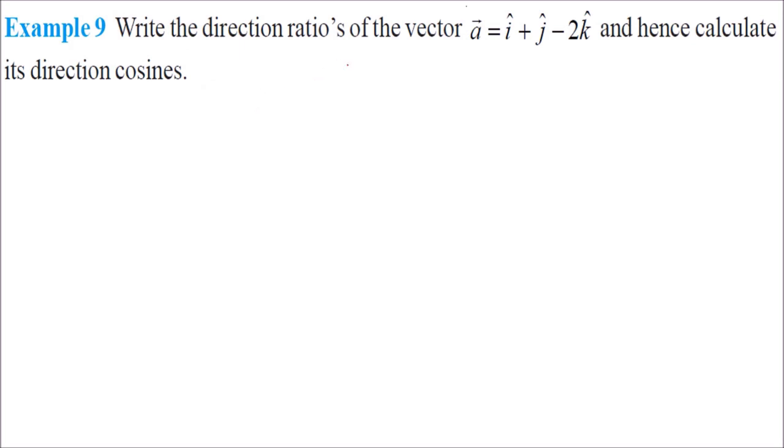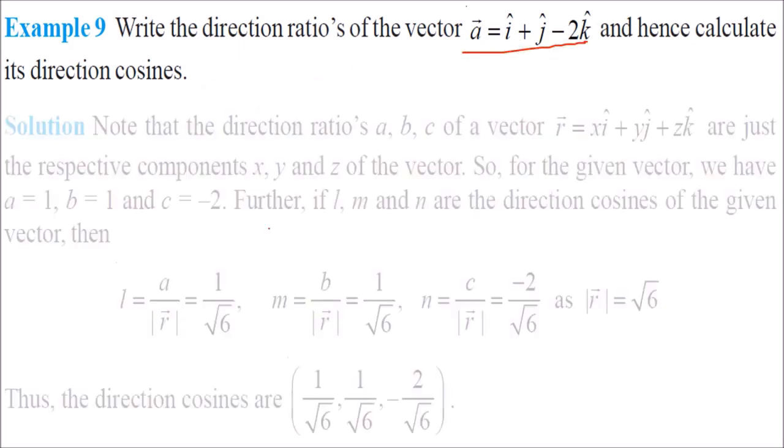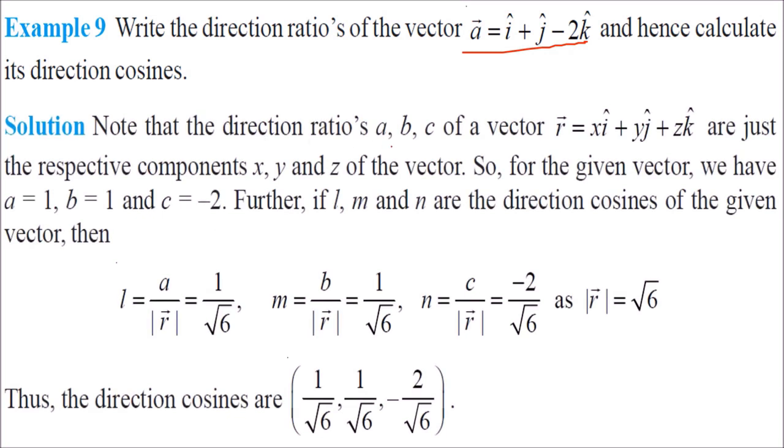Write the direction ratios of the vector and hence calculate its direction cosines. So just note that the direction ratios a, b, c of any vector xi plus yj plus zk are just the respective components x, y, z along the x, y, z axes.